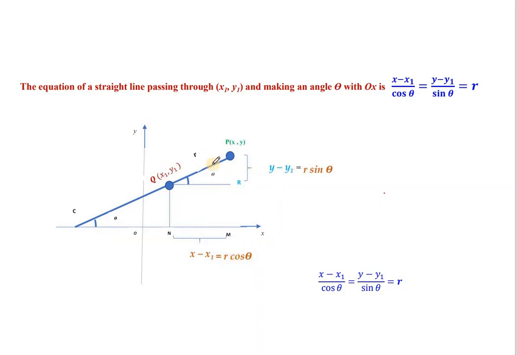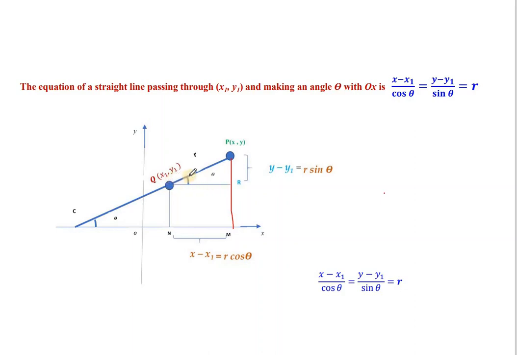So, from the diagram we see that if theta is the angle made by this line with the x-axis, then if I consider QR to be a line parallel to this OX, then we have theta to be the angle made by this line with the QR also.